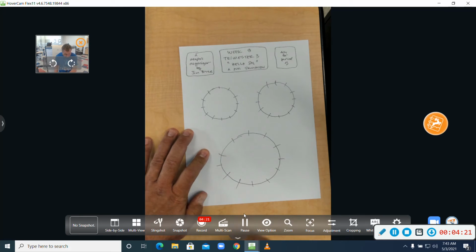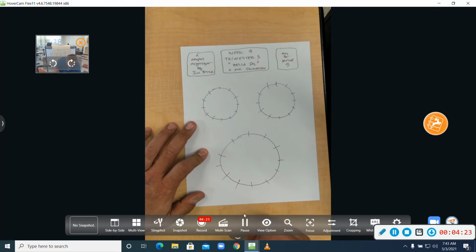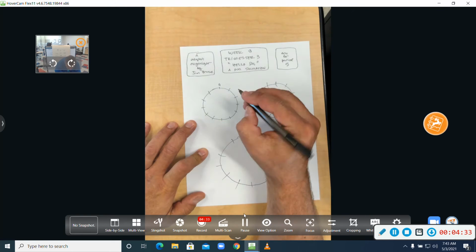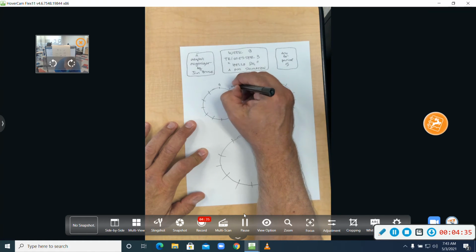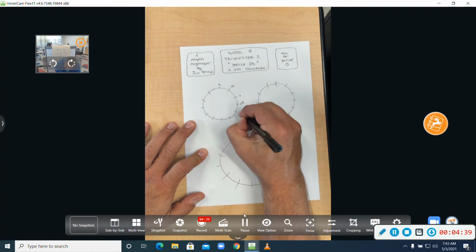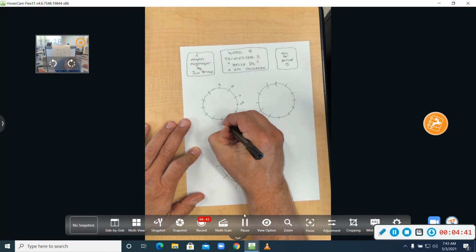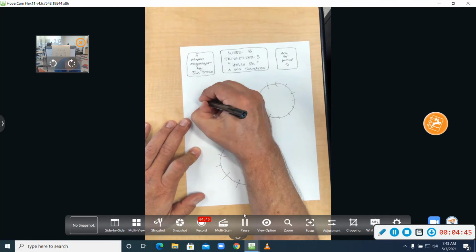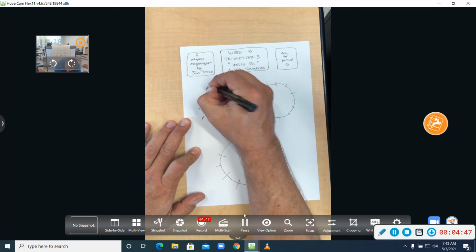And now we're going to go ahead and make sure that we label all of our related tones. This week, our work is centered around G. So G is where we're going to start everything. G sharp, A sharp, B, C, C sharp, D, D sharp, E, F, F sharp.